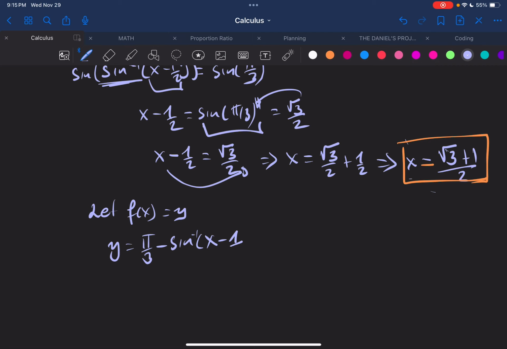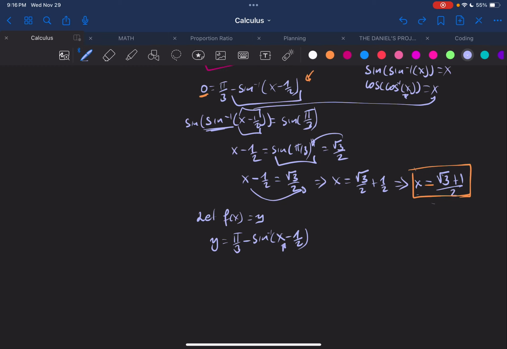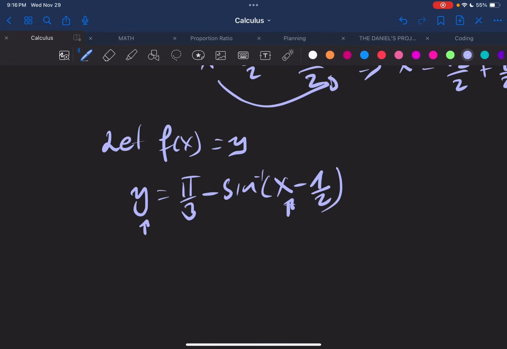minus 1/2, right? So when we talk about the inverse, what basically we're doing is that we're changing the input and output, we're switching them. So what was supposed to be the input here was x, and y was supposed to be the output. Now when we're doing the inverse, we want to say x is going to be the output values and y is going to be the input.